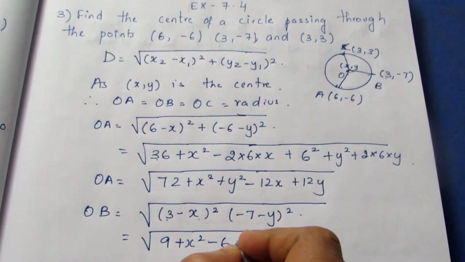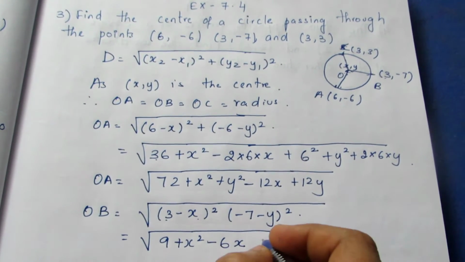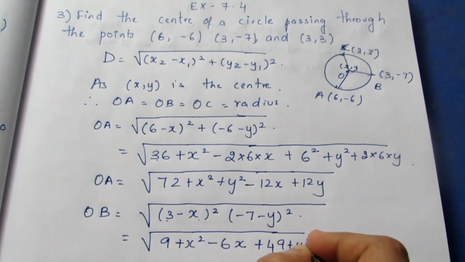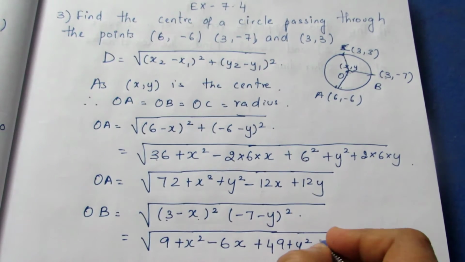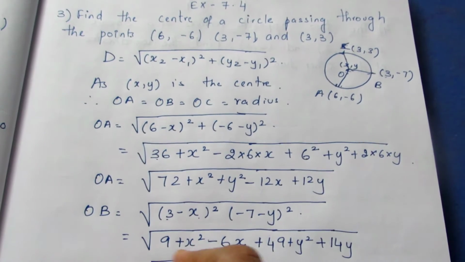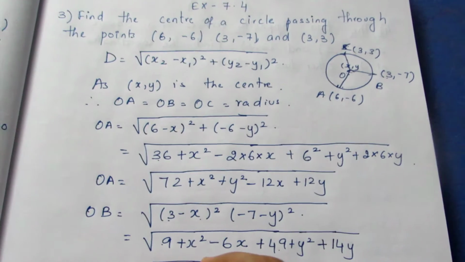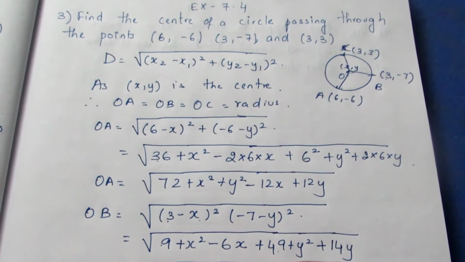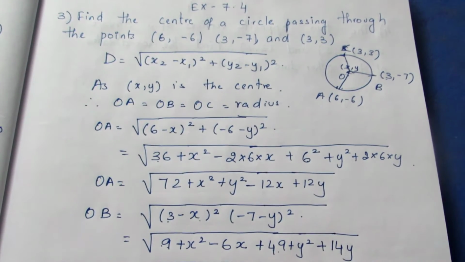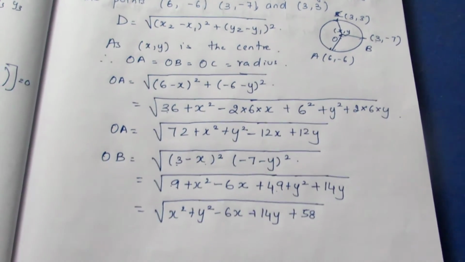Here the same way, it is minus, so we use the (a plus b) whole square formula, that is plus 49 plus y square plus 14y, since 7 twos are 14. Here you have like terms, so you can solve this too: x square plus y square minus 6x plus 14y, and solving the constants, 9 plus 49 becomes 58. Now we have got OB.